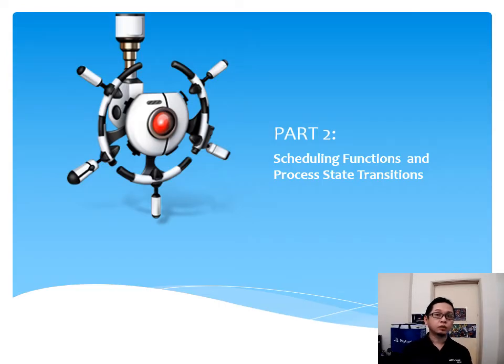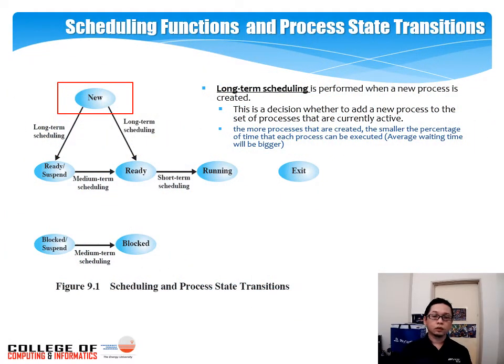Now I'm going to explain further the relationship between those scheduling functions and the process state transitions. Looking at this diagram, we have new, suspend, ready, and running. So where is the role of the long-term scheduling?